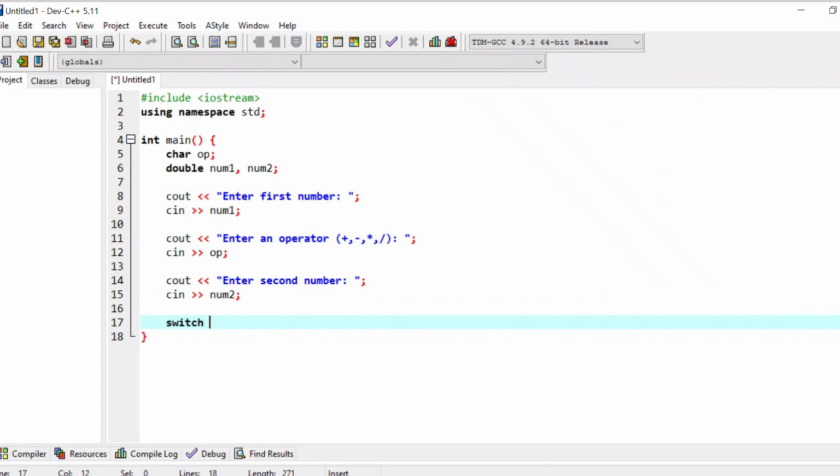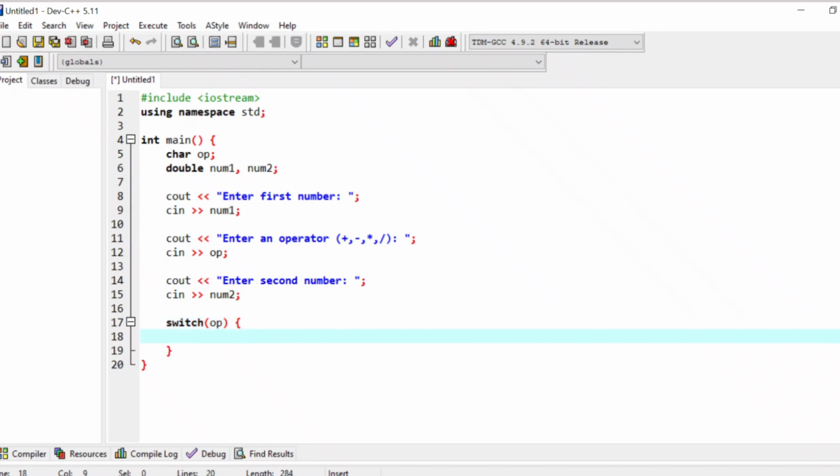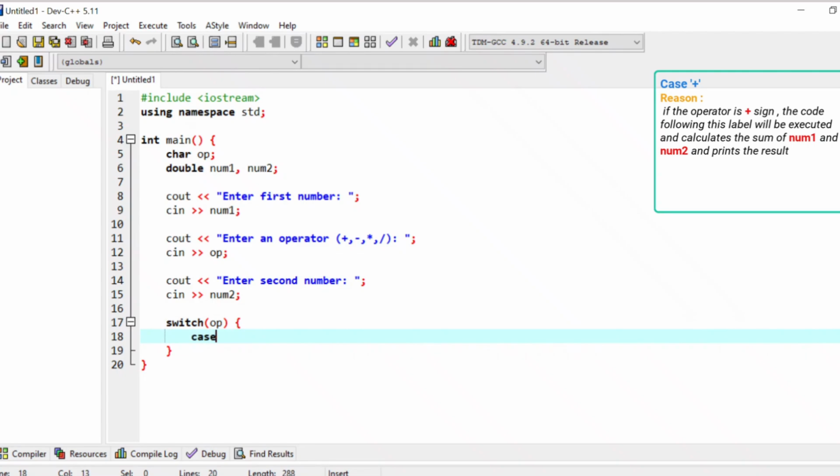After taking the input, we use a switch statement. If the operator is plus, it adds the two numbers and displays the result.